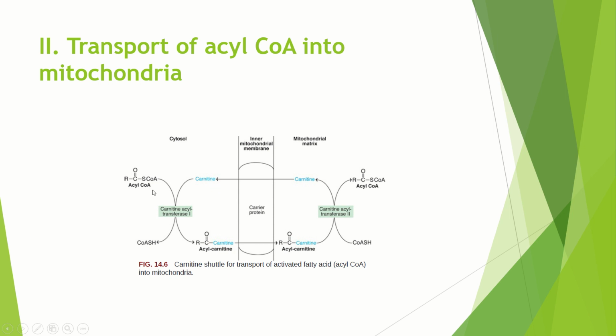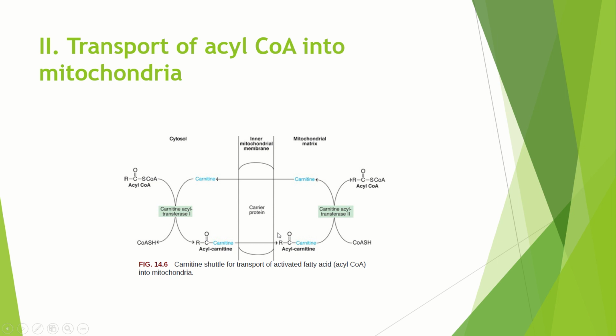Here what happens in the cytosol is that activated fatty acid, that is acyl CoA, combines with carnitine with the help of an enzyme carnitine acyl transferase 1, so that it forms acyl carnitine and coenzyme A. And this acyl carnitine is now freely permeable across the mitochondrial membrane through a carrier protein system, and it enters the mitochondrial matrix.